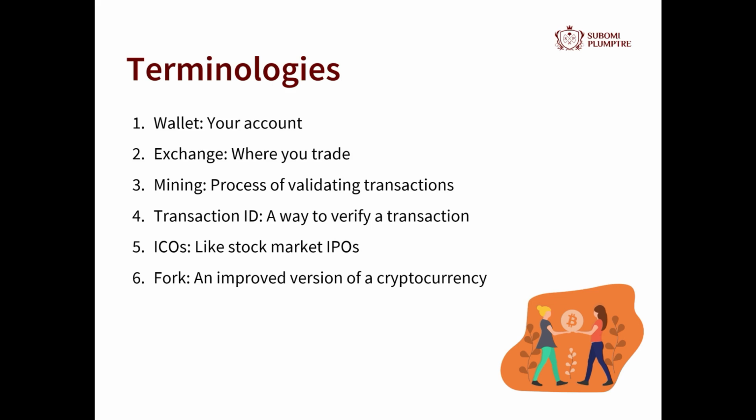So anytime you hear about a fork, don't be afraid, because usually you will get an equivalent number of the new version. So sometimes you can find two or three versions running at the same time. So you hear of Bitcoin, Bitcoin Black, Bitcoin Gold. These are just improved versions of an existing cryptocurrency. So at the end of the day, it's really the most popular version that becomes the most dominant and the one that has the widest adoption.